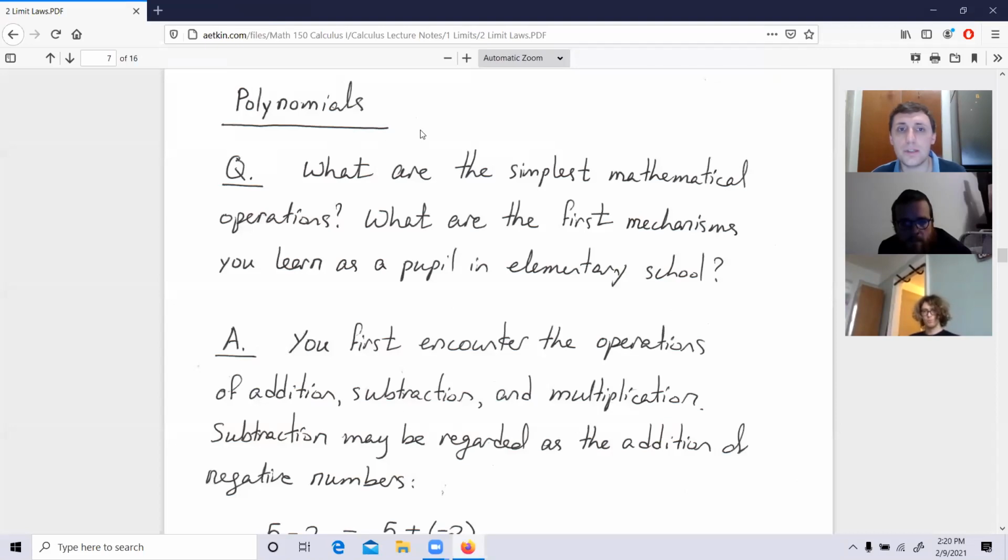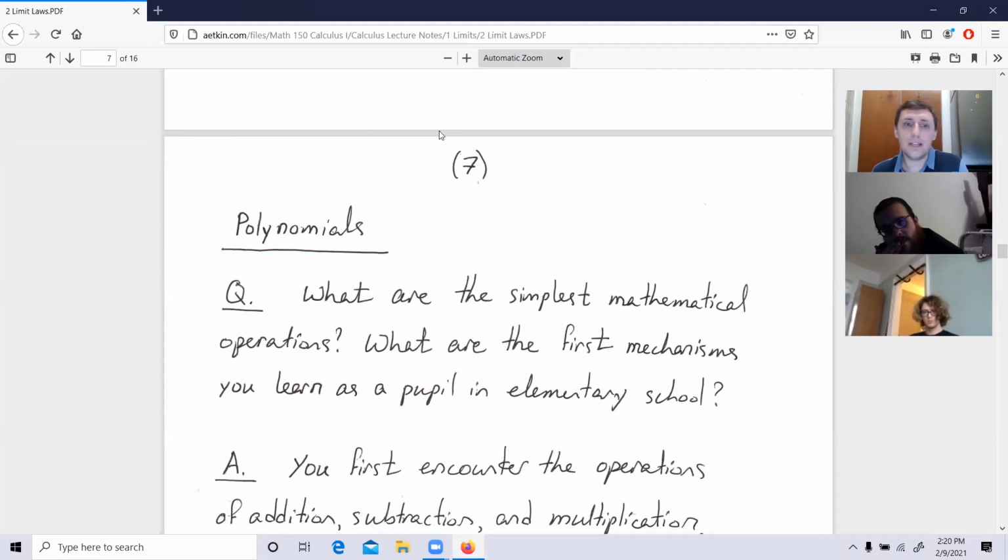All right, back to this lecture. Again, guys, when we try to analyze functions, we can ask what is the simplest type of function, the simplest species of function that we ever encounter. So for that, ask yourself, what are the simplest mathematical operations? In elementary school, you learn addition and multiplication.